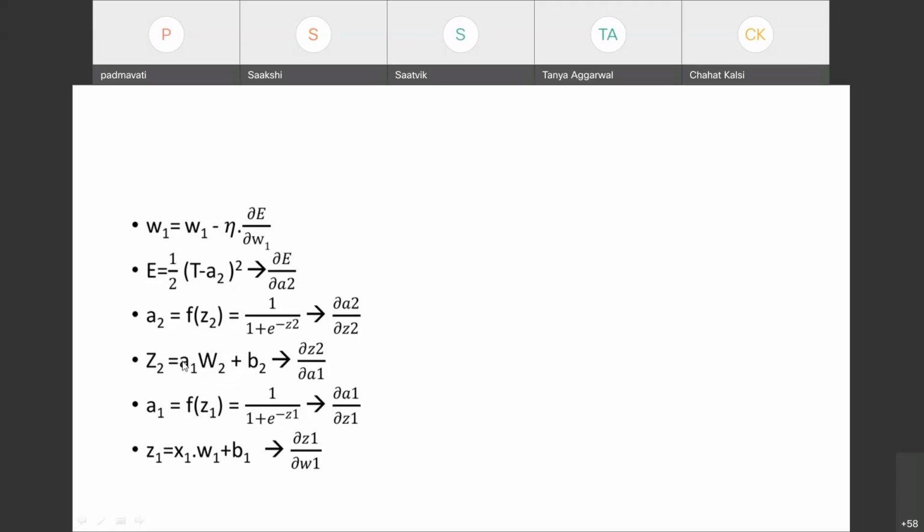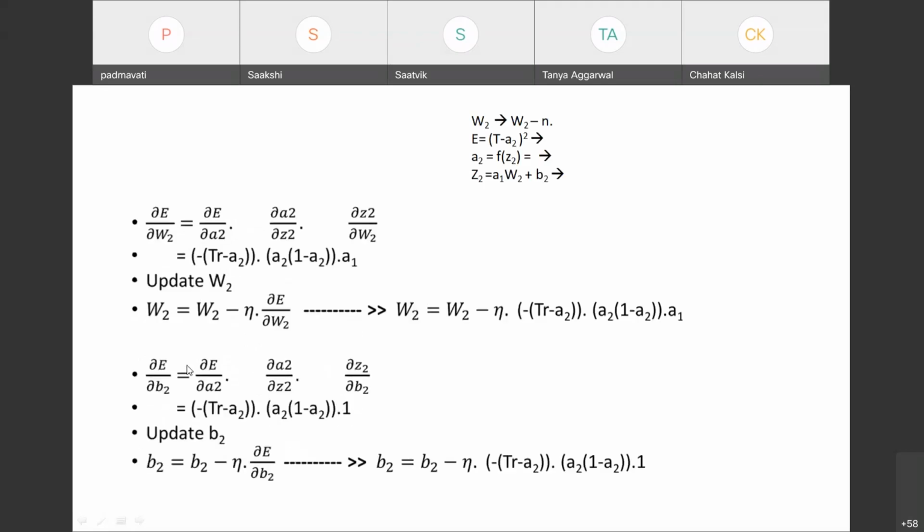I will be getting a, because here the b term goes to 0, whereas for the other term I get a1. So this is what I get for the derivative of z2 with respect to w2.